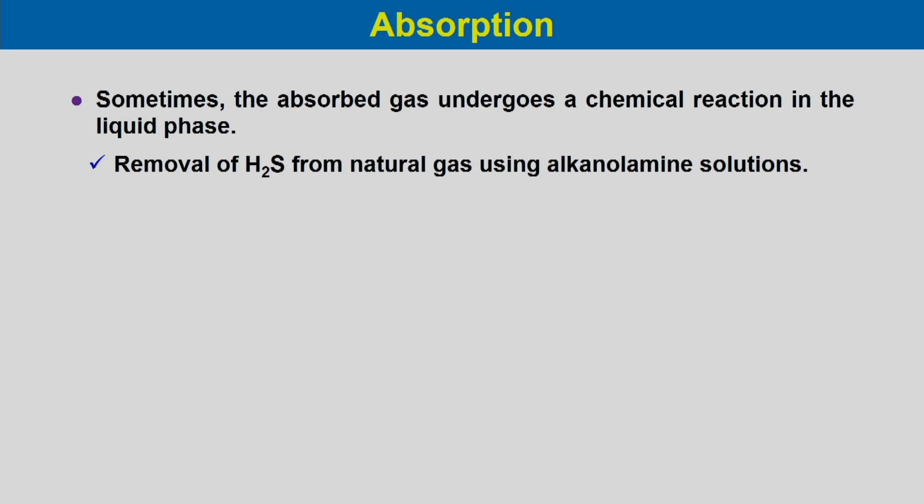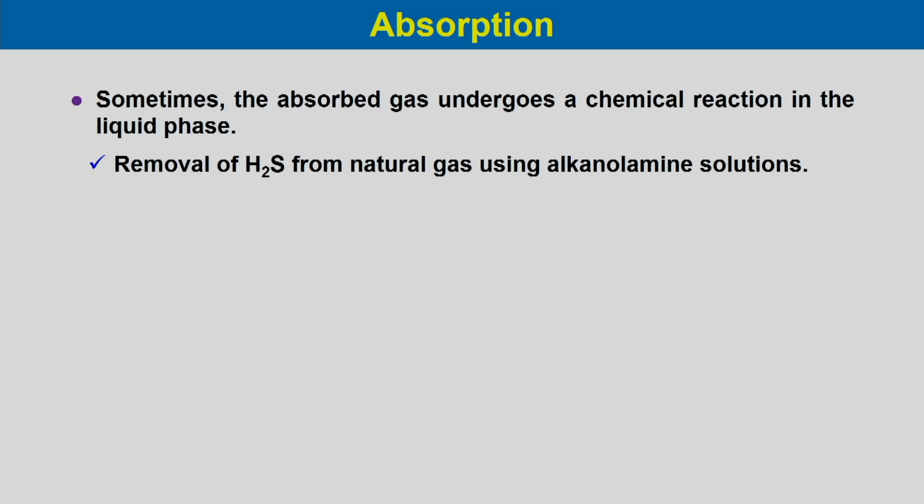These react almost instantaneously with hydrogen sulfide because the reaction is a proton transfer reaction, so once we use the alkanolamines, the hydrogen sulfide reacts with them. So, it is a very highly reactive solvent in the liquid phase.